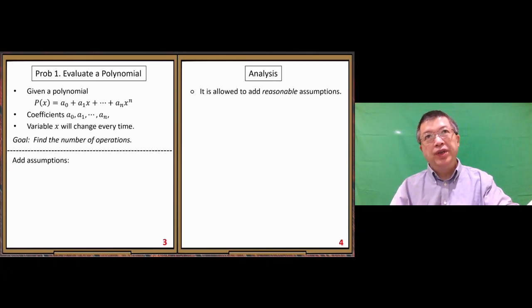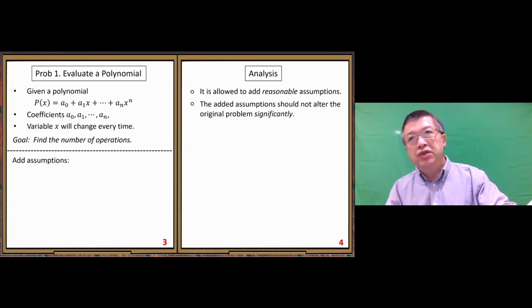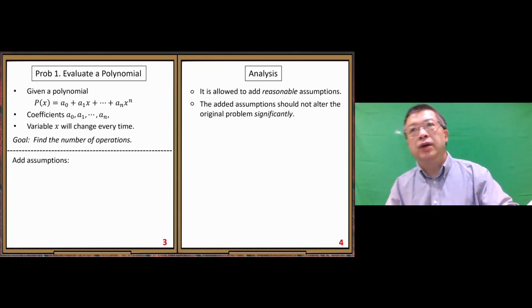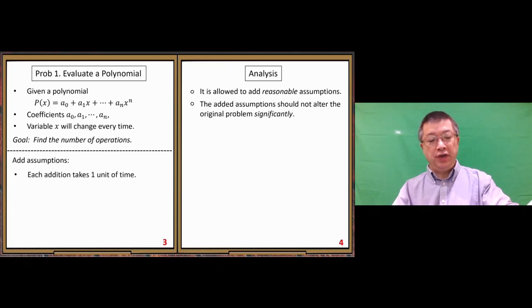Many times we need to do this. But when we do that, the added assumptions should not alter the original problem significantly. Otherwise, you'll change the problem. And we don't want to change the problem. We want to solve the same problem. So with that, now let's do some assumptions here.